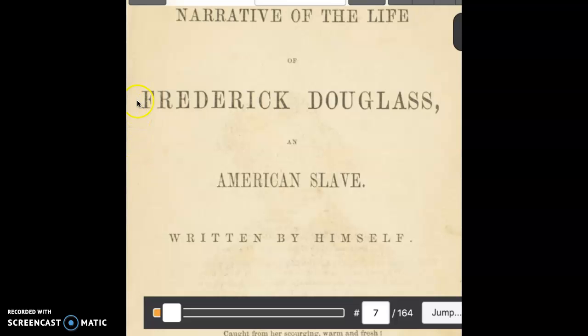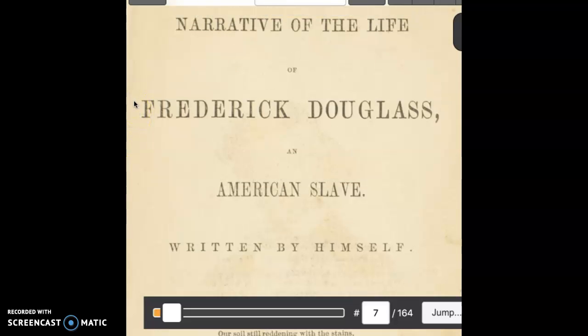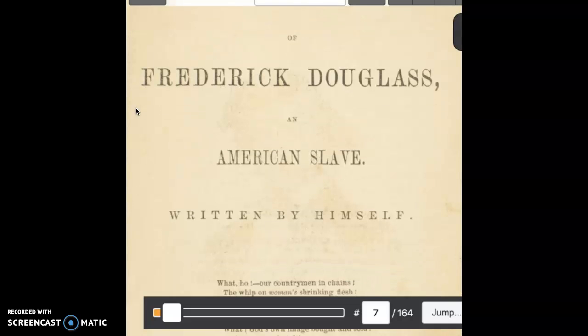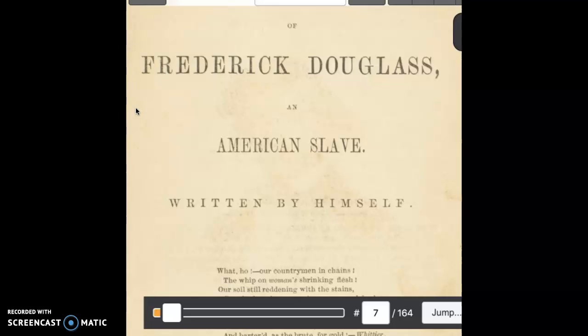Because there were many arguments against the literacy of enslaved people. And it was complicated because people would believe that as a Christian, you should be able to read the Bible. At the same time, there were people who worried that someone who was enslaved would do something dangerous with literacy.